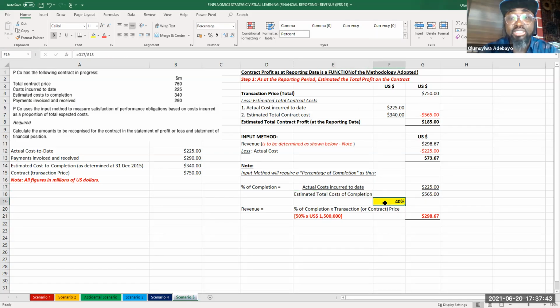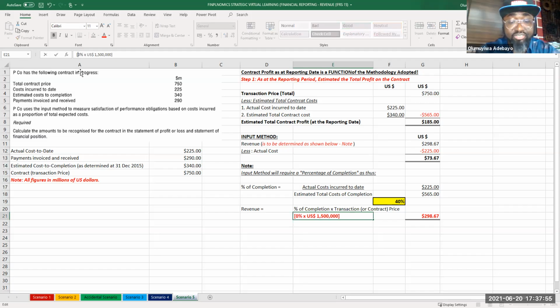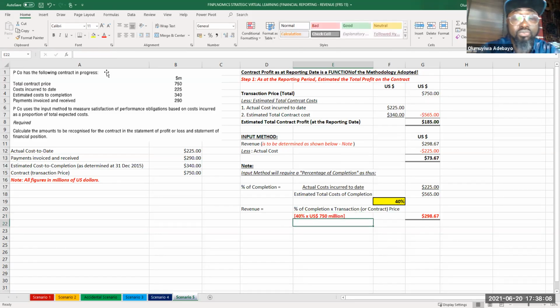Now, it means 40% of the job has been completed based on the input that is required to complete the job. Therefore, 40% of the revenue should be recognized. Therefore, I need to recognize 40% of the revenue, which means 40% of the 750 million will be recognized.